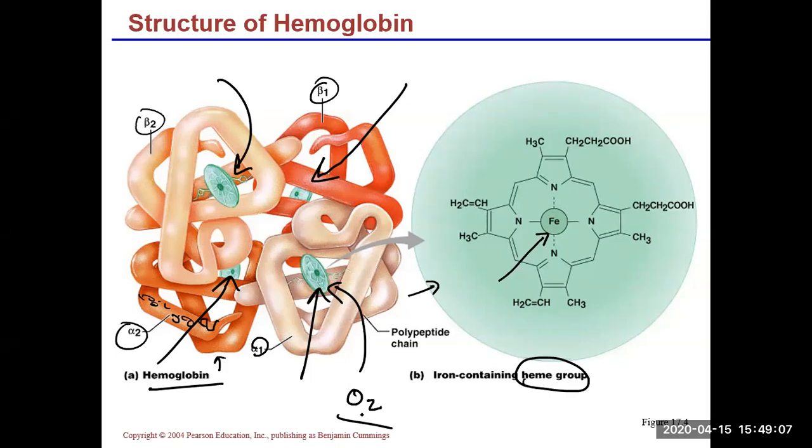Hemoglobin is kind of like a taxi cab or Uber driver, for example. Each Uber driver can have 4 passengers, all right? That's the limit. You go from one area to another, drop off those passengers and pick up new passengers, carbon dioxide, for example.